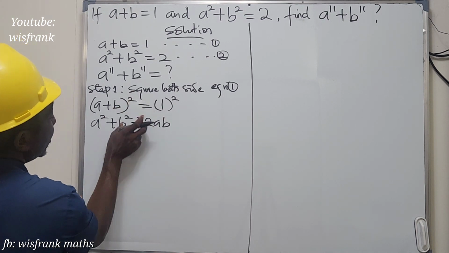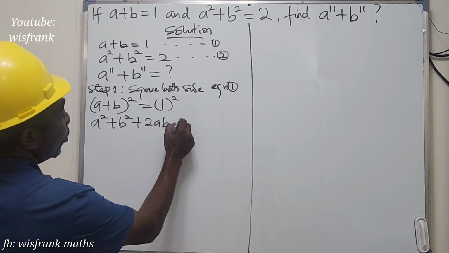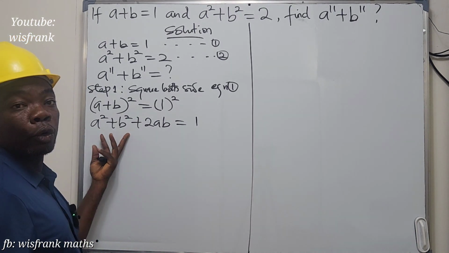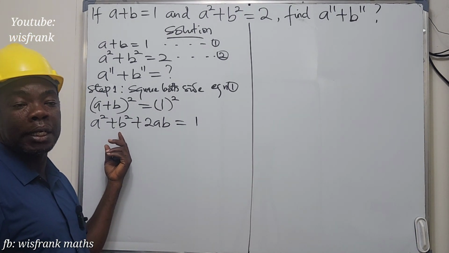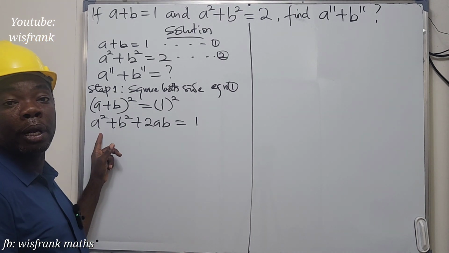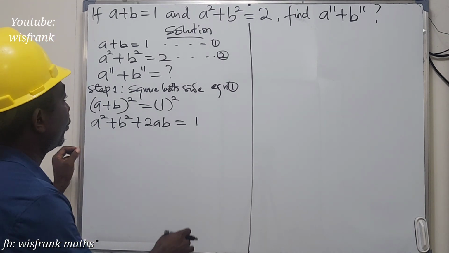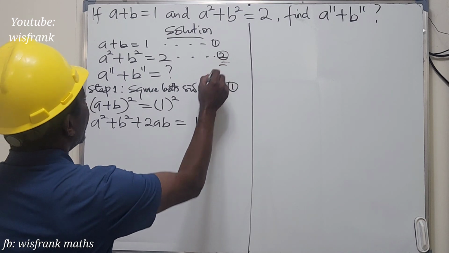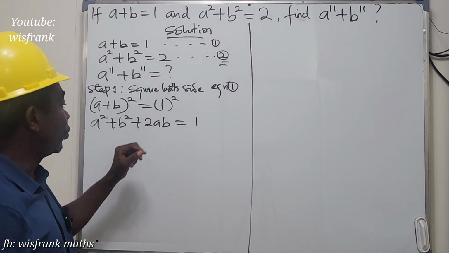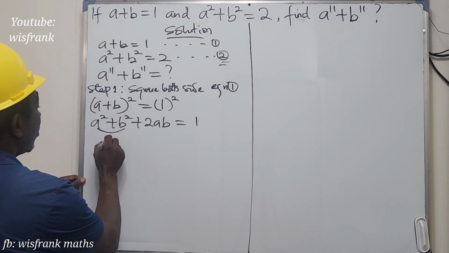When we express this in this format, then all will be equal to 1. So here we can group the power of 2 terms to one side. We can see that we have a to the power of 2 and b to the power of 2. Then from equation 2, we have a to the power of 2 plus b to the power of 2 equals 2. So the whole of this will become 2.